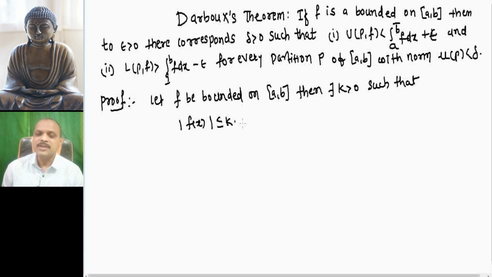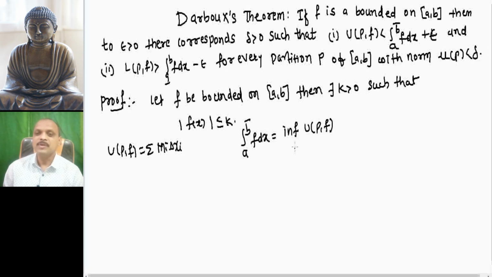Now come to the definition of upper sum. What is the definition of upper sum? Upper sum is the summation of supremum into length, that is, UPf equals the summation of capital Mi into delta xi, and the upper integral is the infimum of this upper sum.